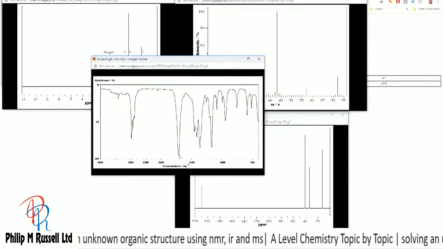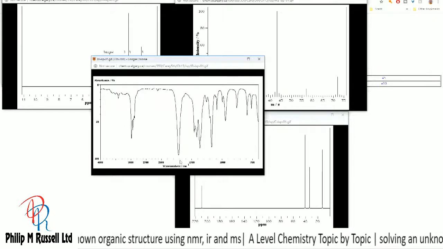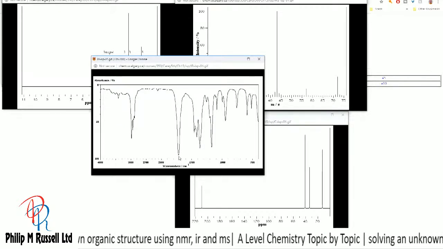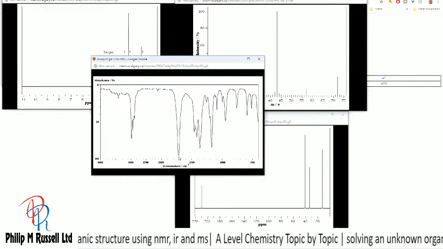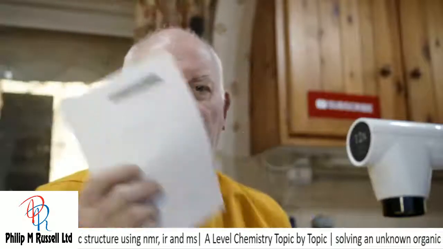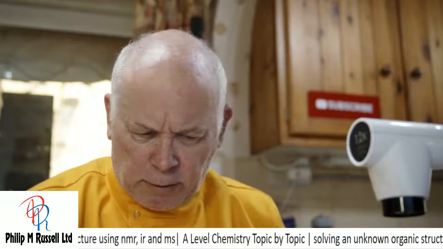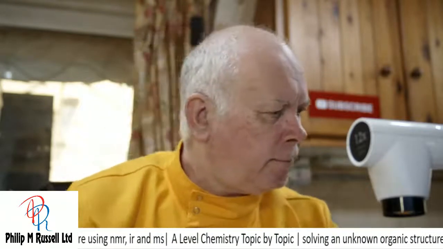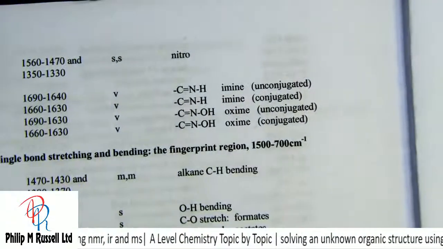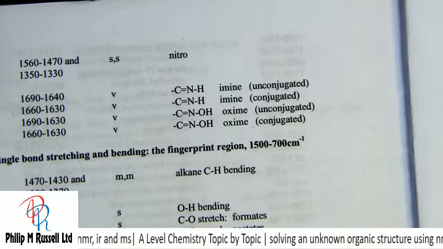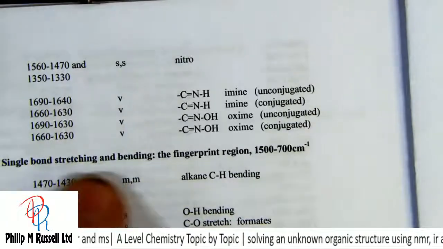This is at 1700, just a bit more, maybe let's say 1720, and I can have a look up in my little booklet of numbers to see what we've got for IR. This is single bond stretching.